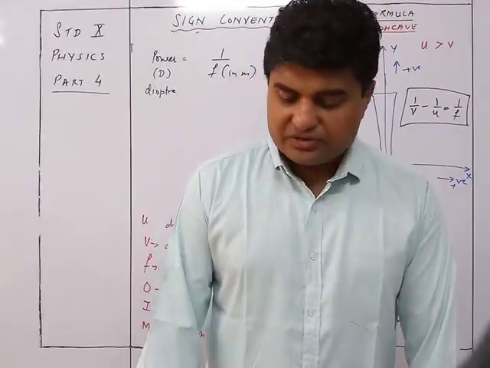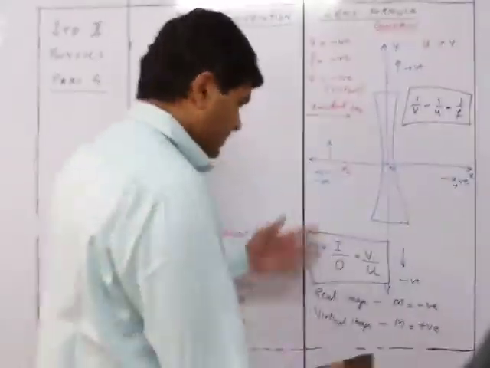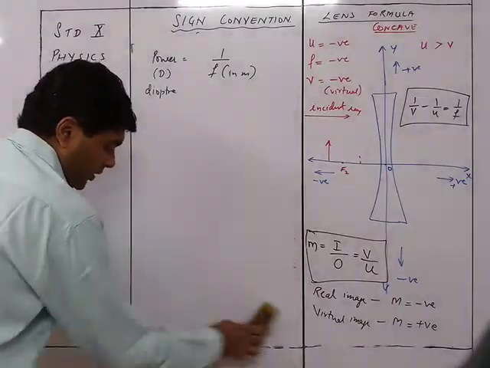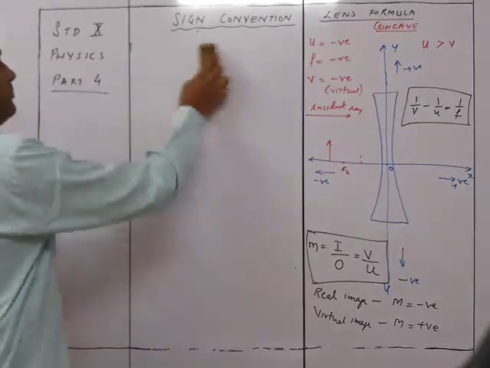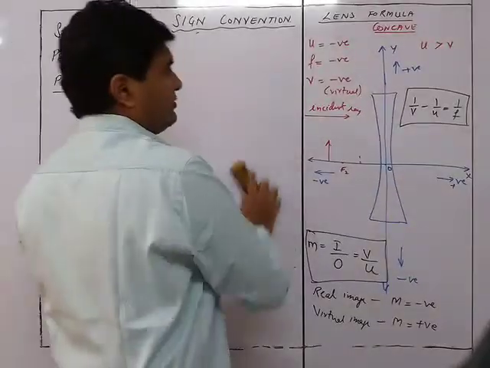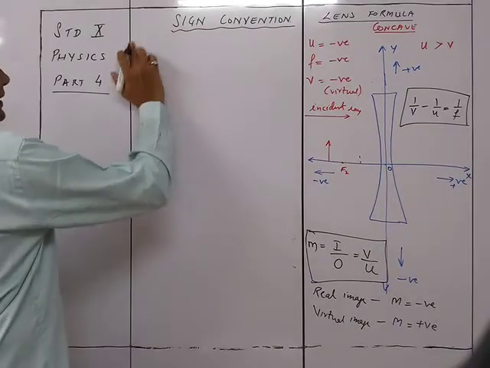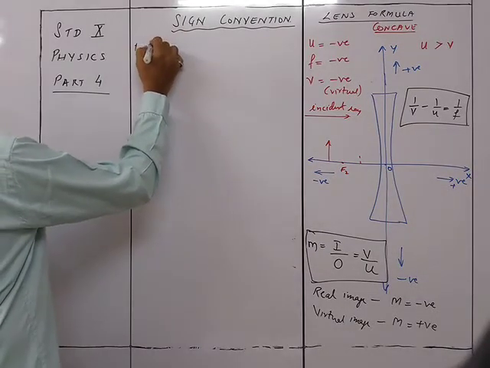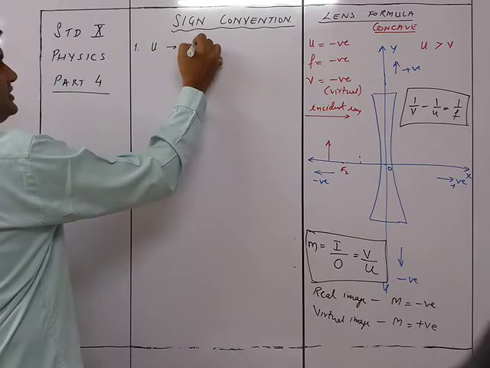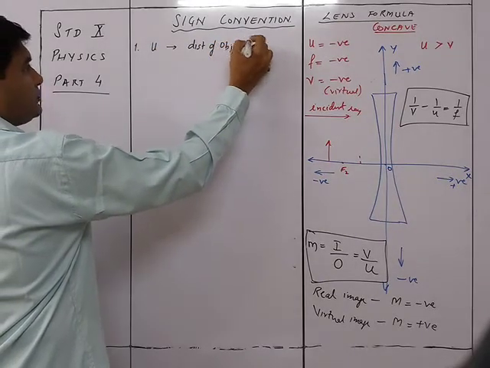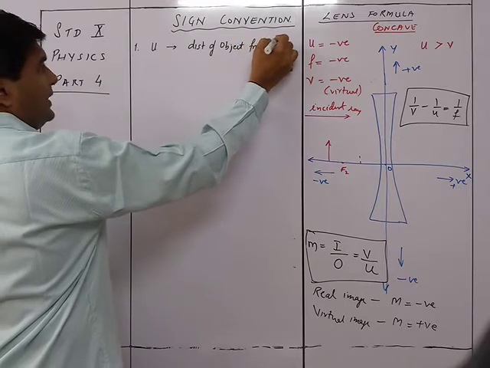So we'll write down all the different formulas coming up over here so that we have the complete details when we start with the numericals of this chapter. First of all, the formula part. First one is U, the distance of object from lens.